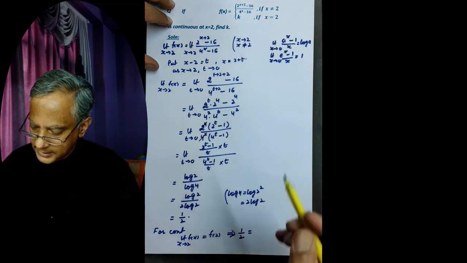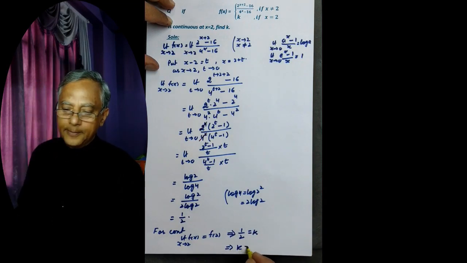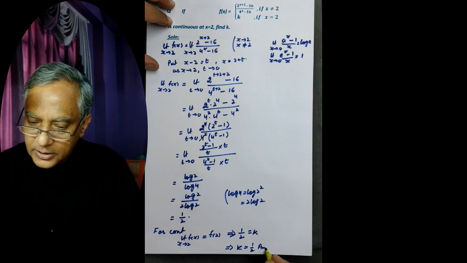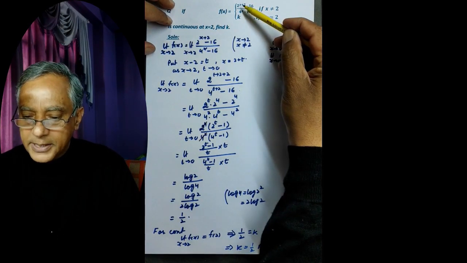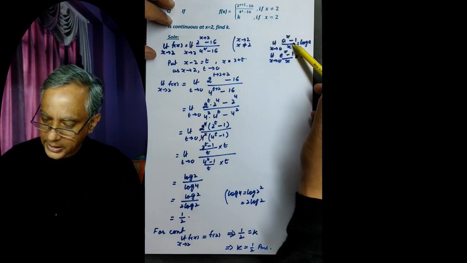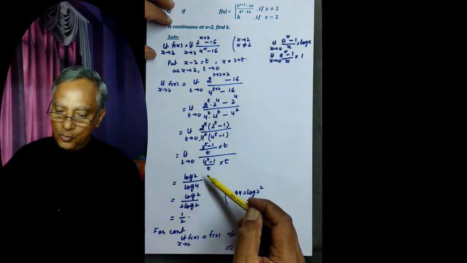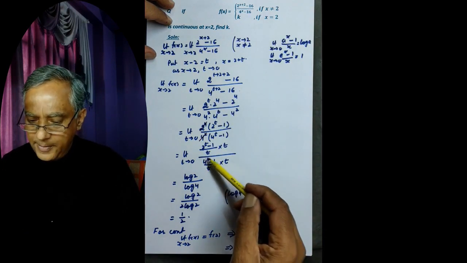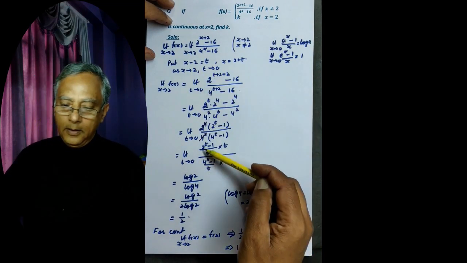So this implies k is equal to half. Answer. So before starting this question, we were able to see that this question depends upon this formula, and we reduced it into this one. First change it into zero limit and then simplify and make use of this formula.